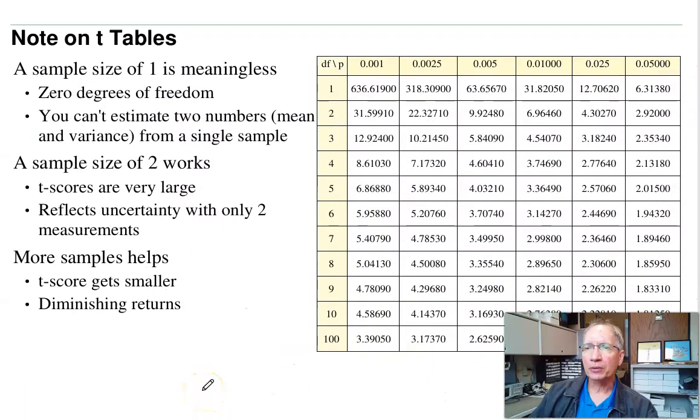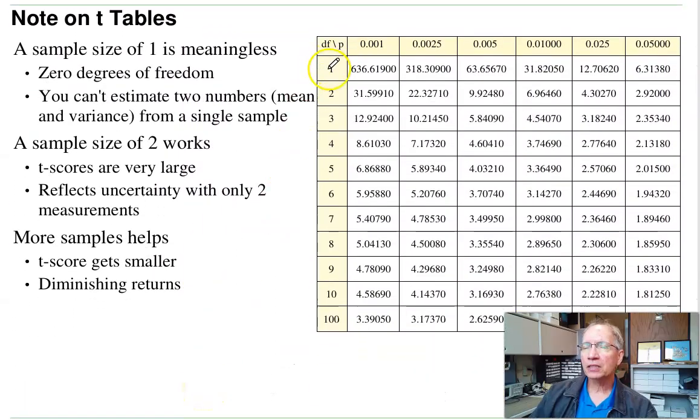Okay, a note on t-tables. Again, this is the sample size minus 1. That's the degrees of freedom. That minus 1 kind of reminds you that you need at least a sample size of 2 to have anything meaningful. Sample size of 1 tells you nothing.